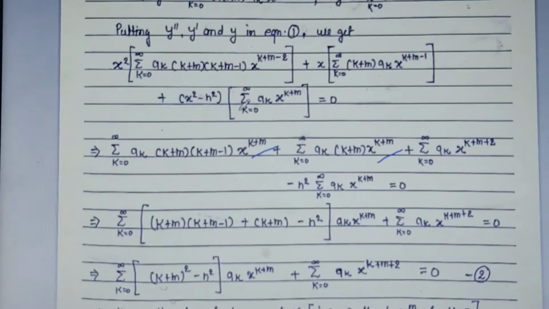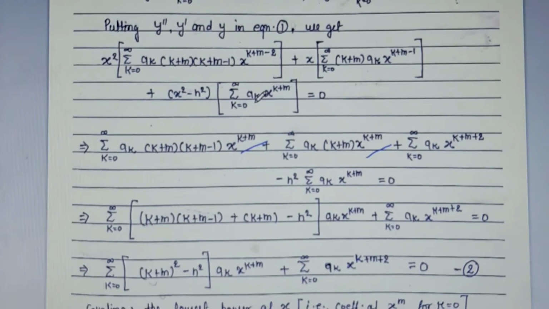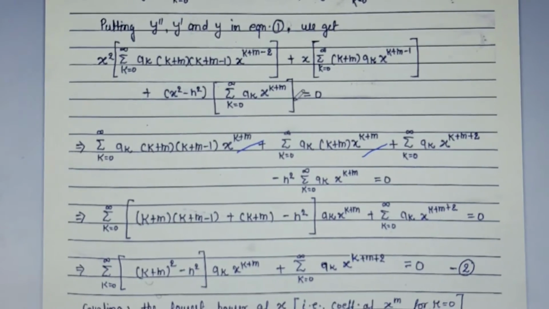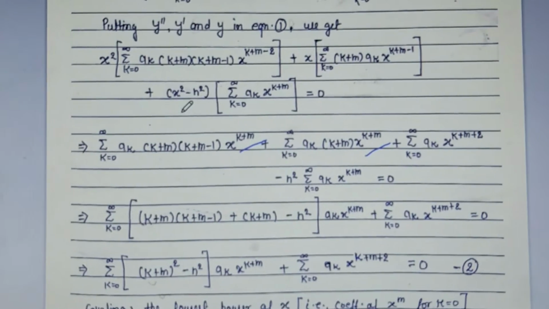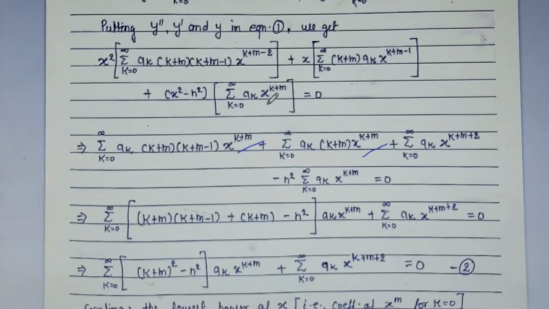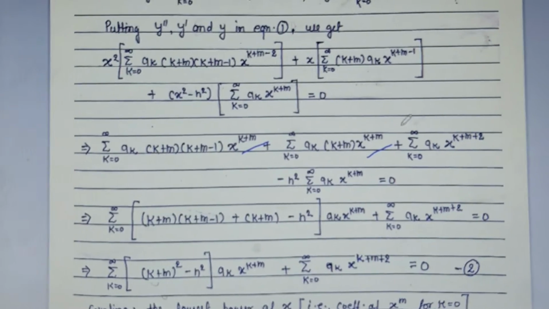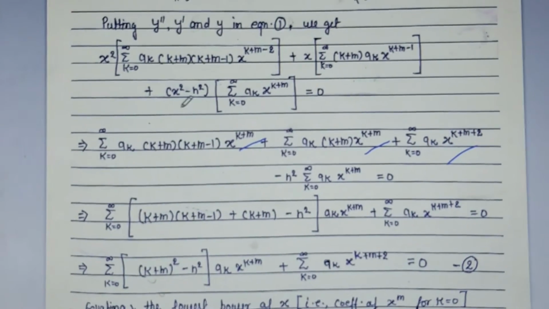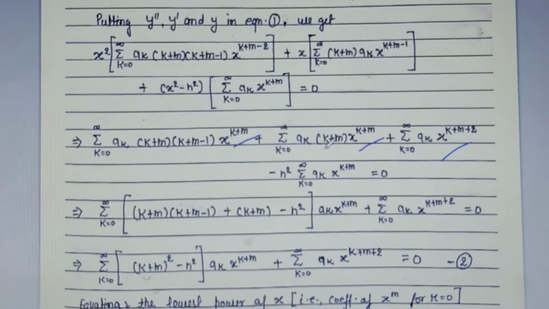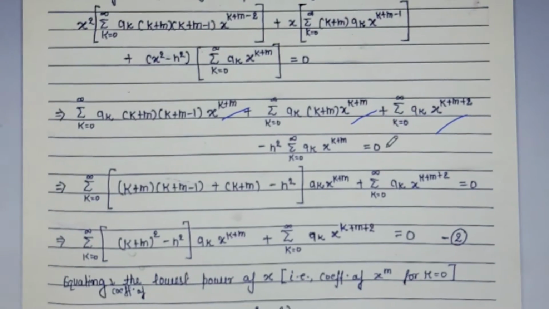Over here, we can open up this bracket. So it becomes x square into this minus n square into this. Minus n square into this, we'll keep it out, and x square, we'll take it inside. So we'll get a_k x to the power k plus m plus 2, and we'll have our minus n square into this. So we'll keep that as it is, equal to 0.